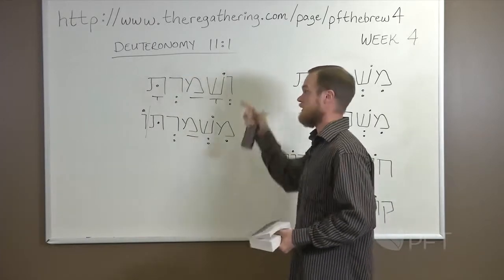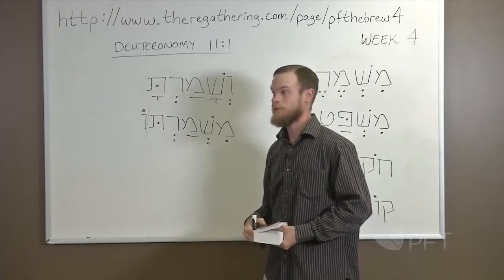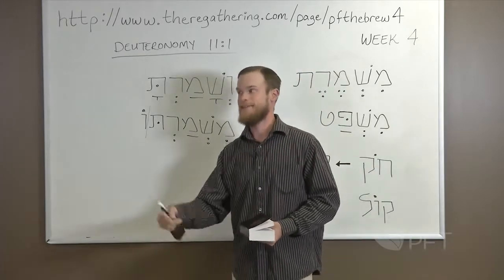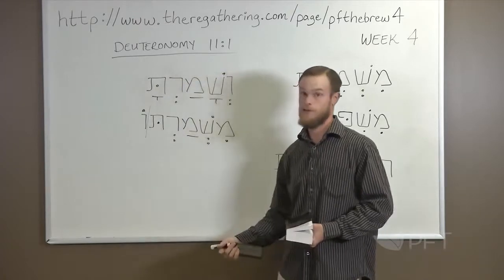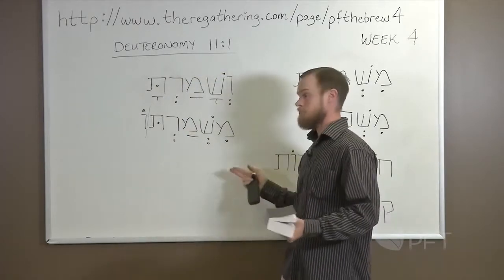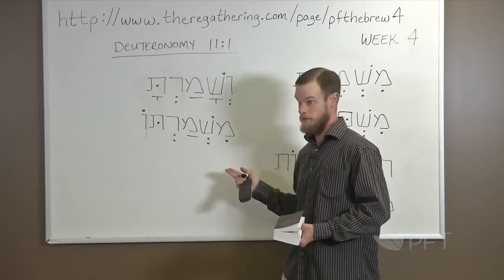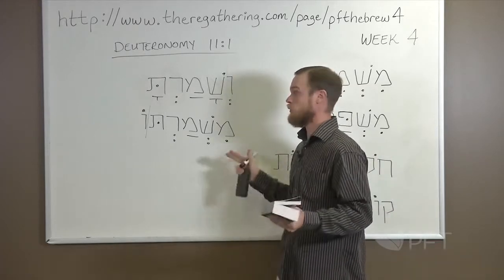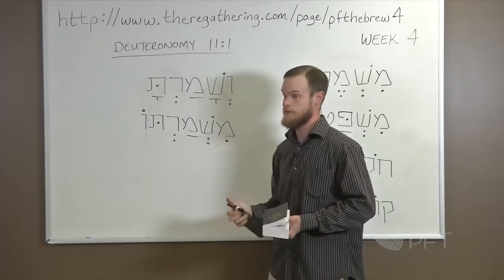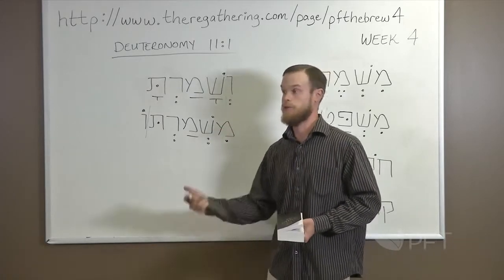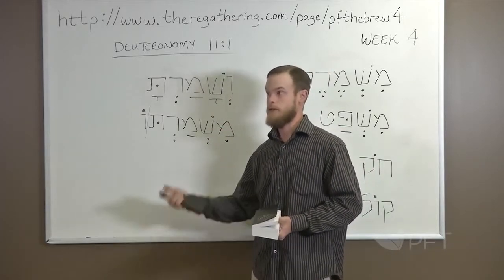However, we saw that in the sentence before, okay, v'ahavta et Yahweh Elohecha. All right, so the et was used there even though it wasn't necessary, but now it's being withheld here. Okay, again, there's no reason that it has to be there because it's very clear what the subject of that sentence is. It's not saying Yahweh your God will love you in that sentence. It's saying you will love him.